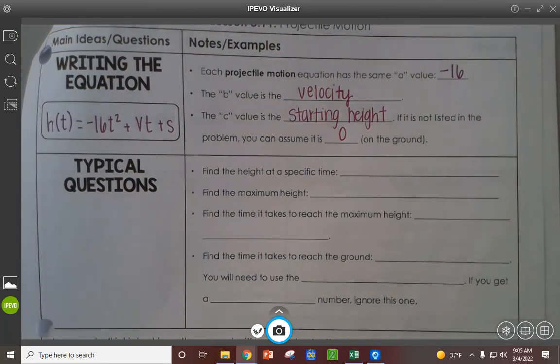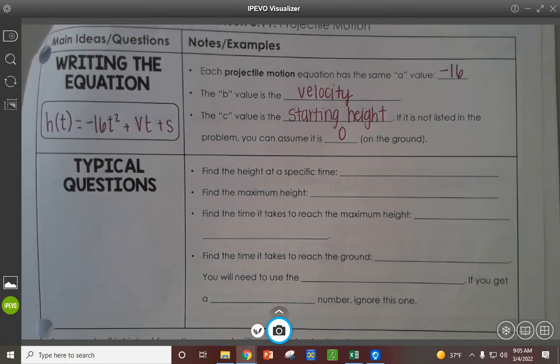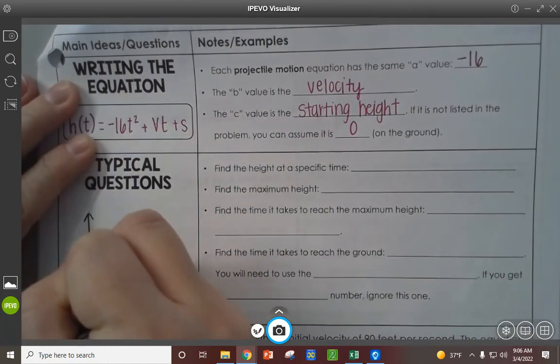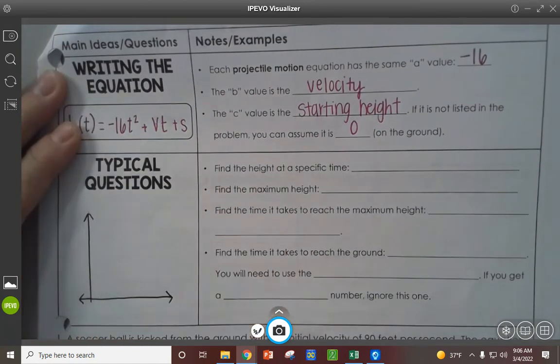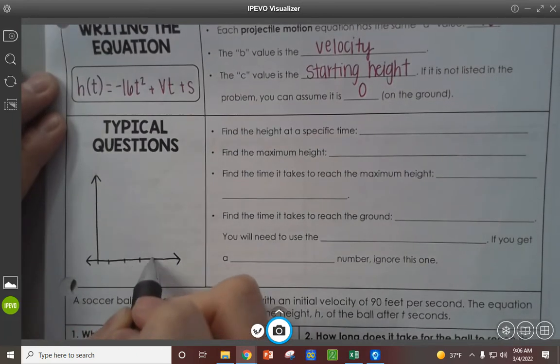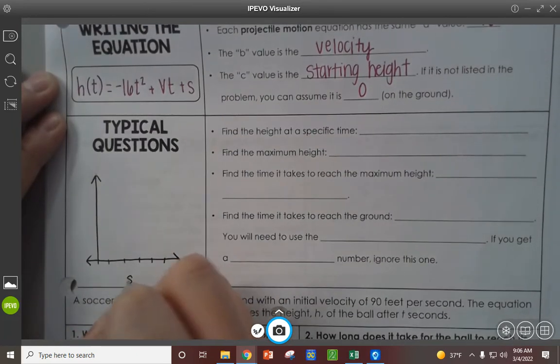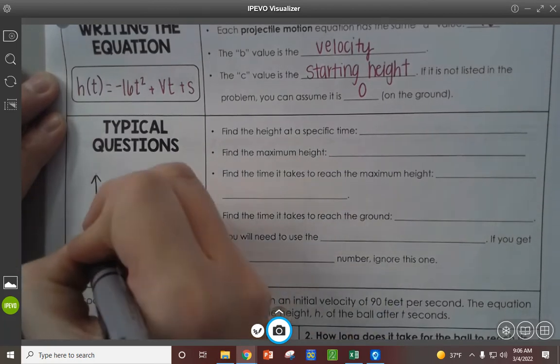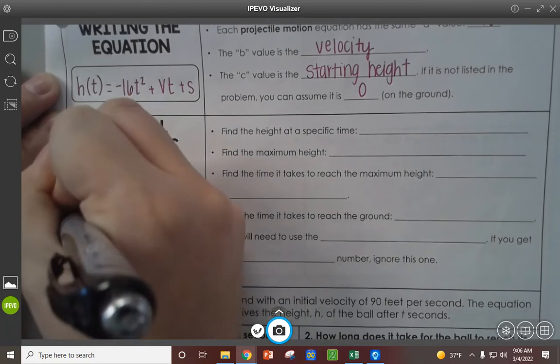Now, there's always the same types of questions being asked, so I'm going to basically tell you how you would go about answering each question. And just a brief little thing here. On a graph, your x-axis represents your number of seconds, so your time, while the y-axis represents your height.